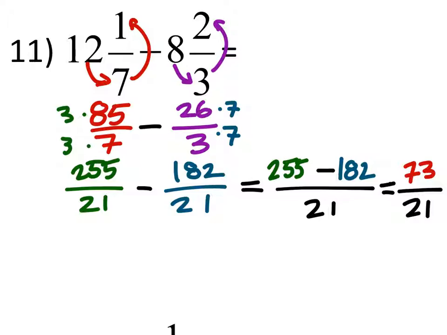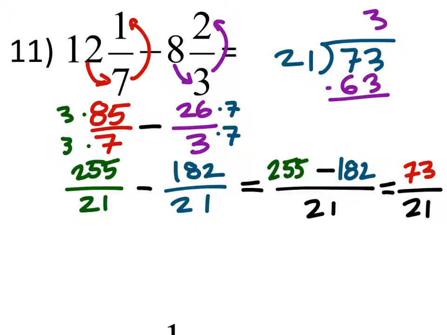But this is the improper fraction. We want the mixed number, so we can do 73 divided by 21, which would be 3 times 21, 63, and so we got 10 remaining. So our final answer, we got 3 with 10 remaining out of 21.